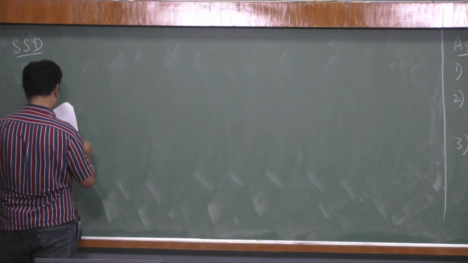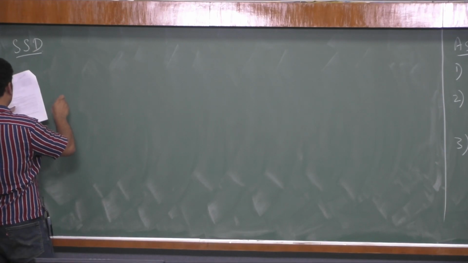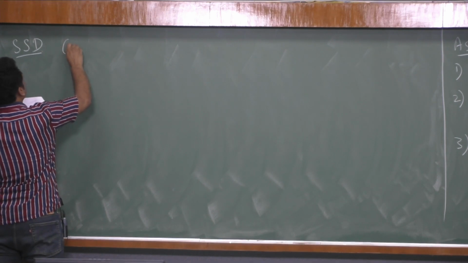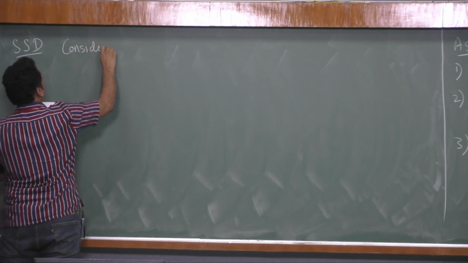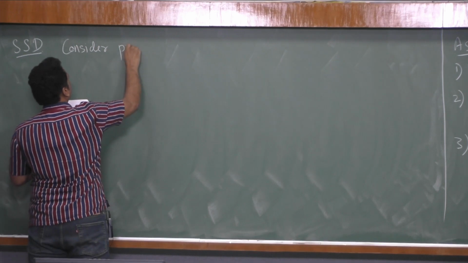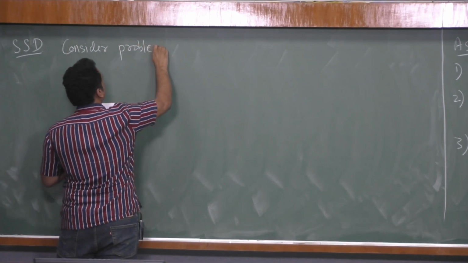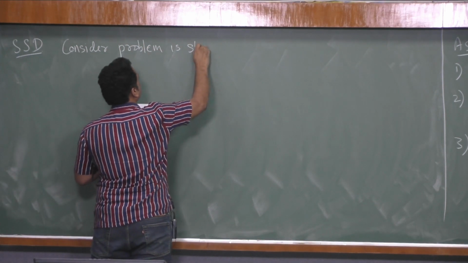Now SSD, stochastic subgradient descent. Here let us assume these things: consider the problem is stochastic in the first place.